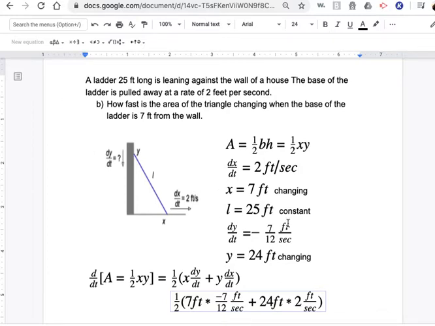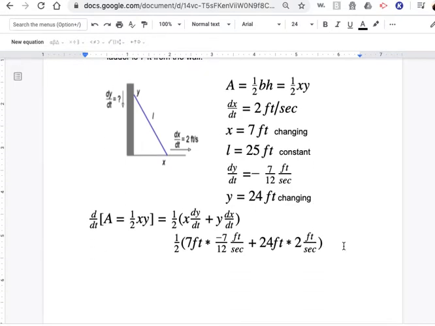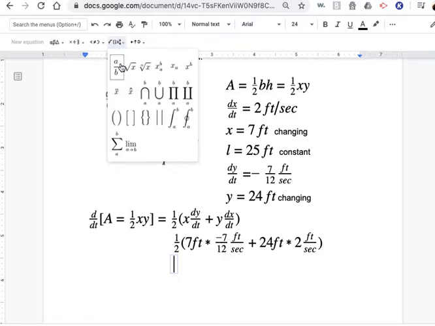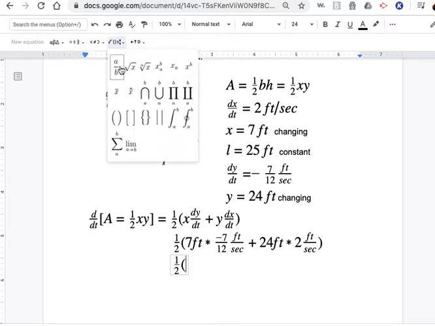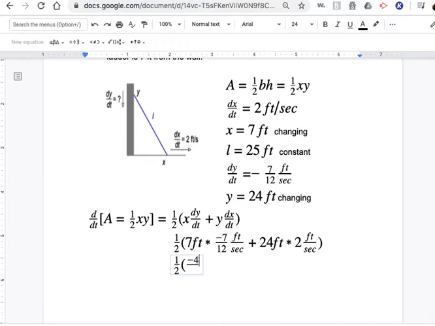So we're going to multiply these things out. We're going to get fractions. I don't propose that it's going to be a pretty answer in the end here. New equation, we'll keep our 1/2. Seven times negative 7 will give us negative 49 feet squared over 12 seconds, plus 24 times 2.